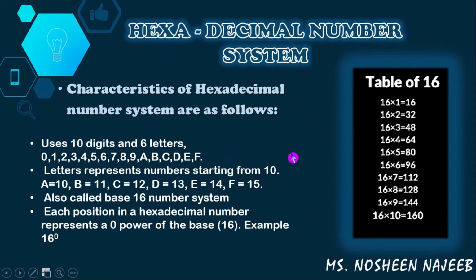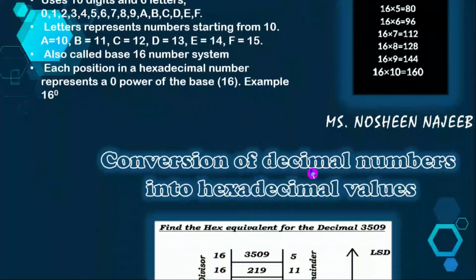For hexadecimal conversion, you have to revise your 16 table. Here you can see 16, 1 times 16, then 32, 48, 64, 80, 96, 112, 128, 144 and 160.